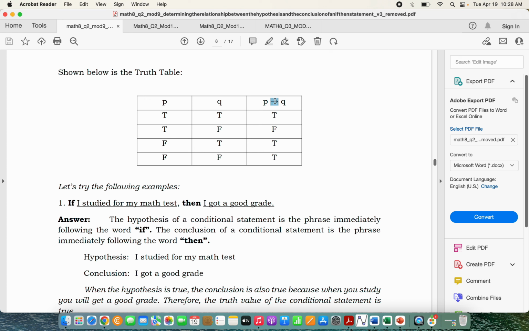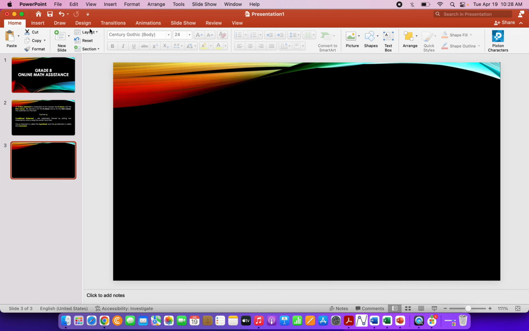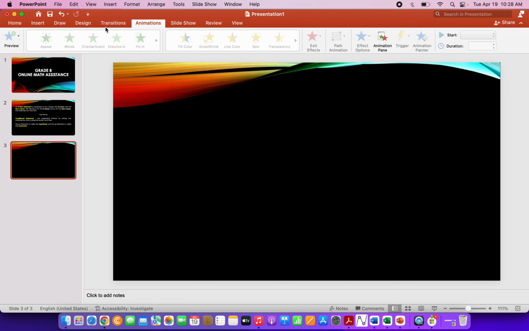And this symbol, the arrow heading to the right, is actually a symbol for then. So, binabasa natin to na P then Q, or P implies Q. Another term for then is implies. So, P implies Q. Makinig maigi.